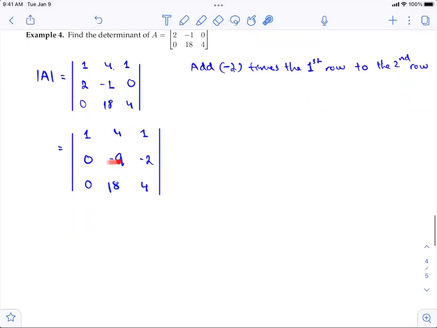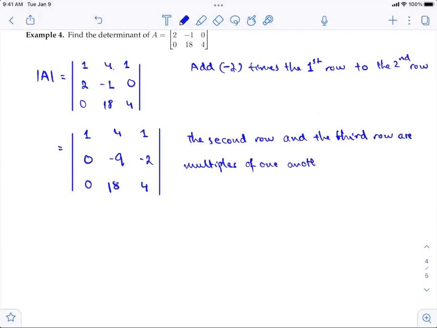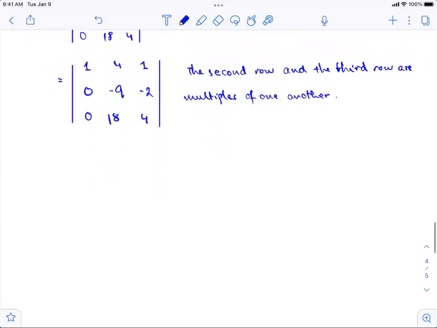You notice that the second row and the third row are multiples of one another. Therefore the determinant of A is going to be equal to 0.